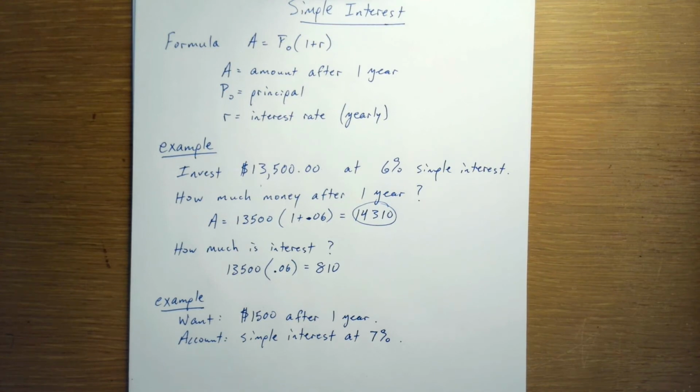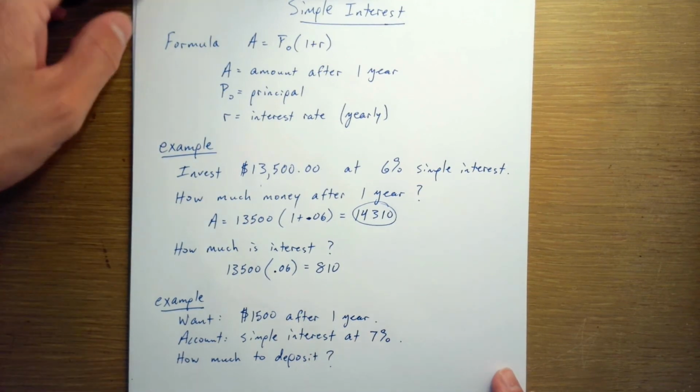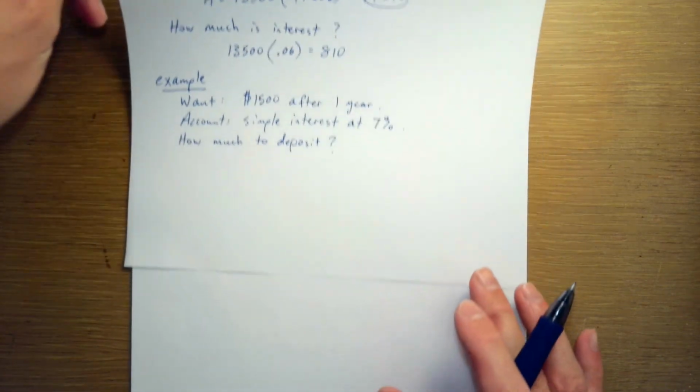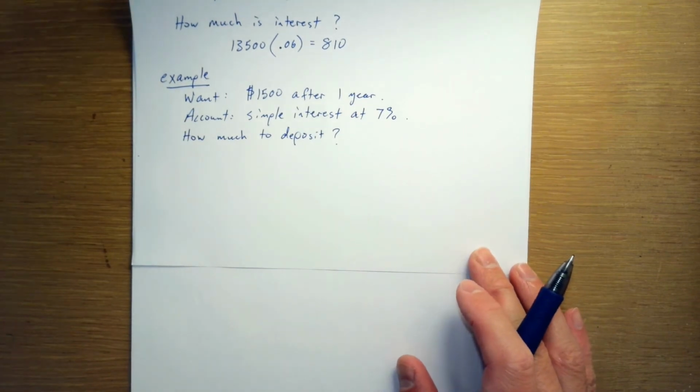And so the question is, how much do you deposit? So you want $1,500, you're willing to wait a year, your account accrues simple interest at 7%. How much money do you need to deposit in the beginning?